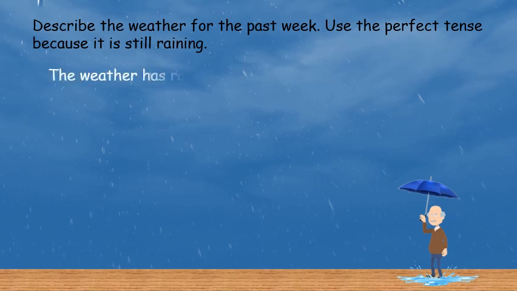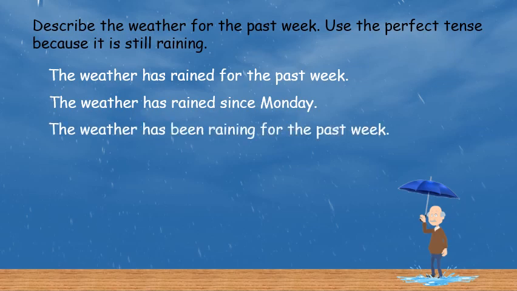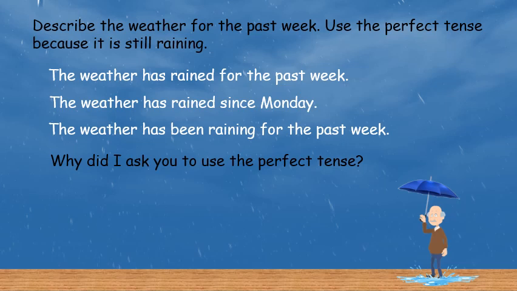The weather has rained for the past week. The weather has rained since Monday. The weather has been raining for the past week. Why did I ask you to use the perfect tense? Because it is still raining in the present.